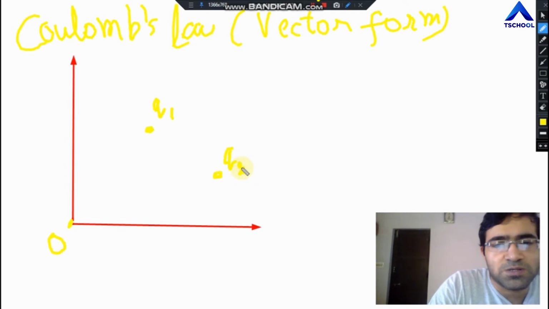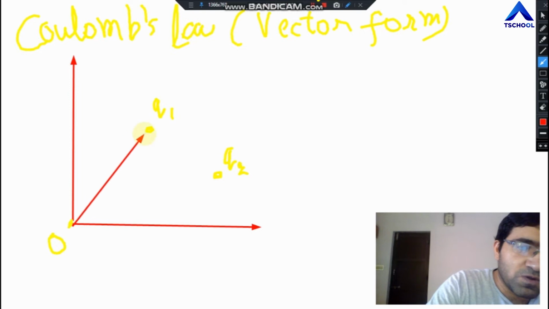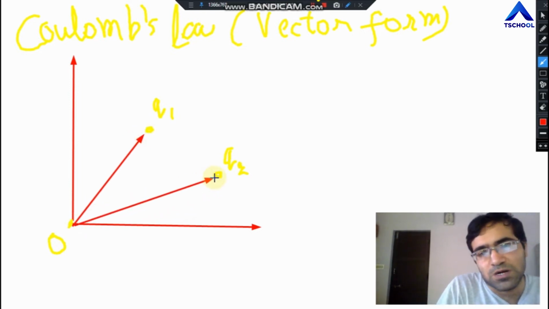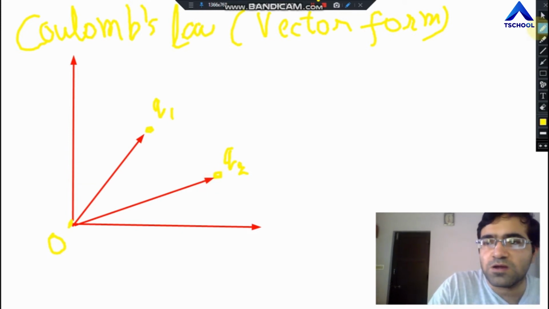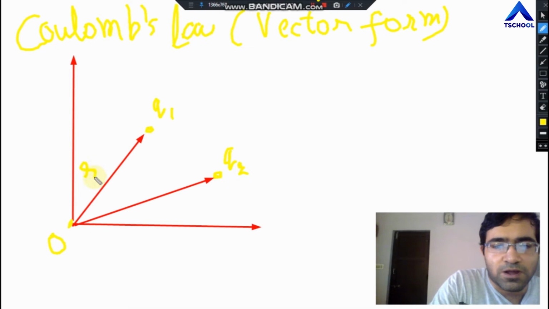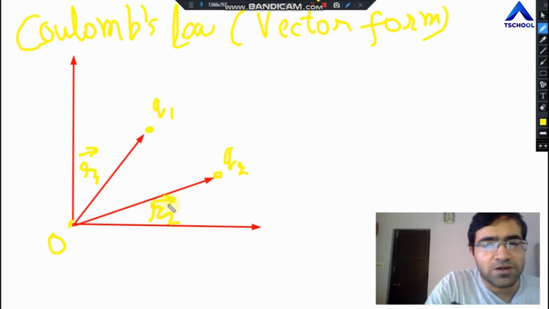So there are 2 point charges, Q1 and Q2, and now we are going to draw their position vectors. The position vector of the first one will be from the origin to the first charge, and of the second one from the origin to the second charge. I have to label this one R1 vector, and the second one, for the second charge, should be R2 vector.